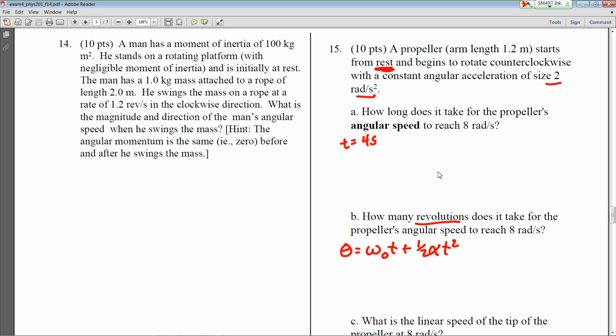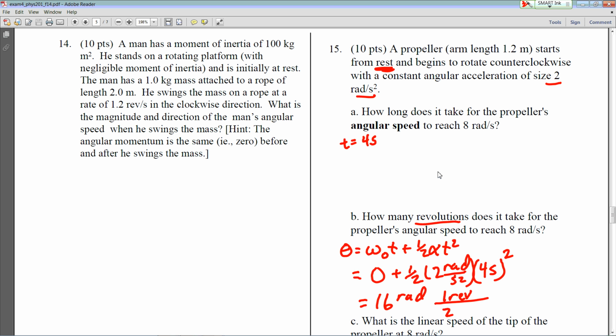So that's going to be 0 plus 1/2 of 2. However, we'll just go ahead and get it in radians per second squared times t, which is 4 seconds. And so that's going to give me 16 radians, but I'm asking for the number of revolutions. So 1 revolution is 2 pi radians. So that's 8 over pi, which is roughly 2.5.